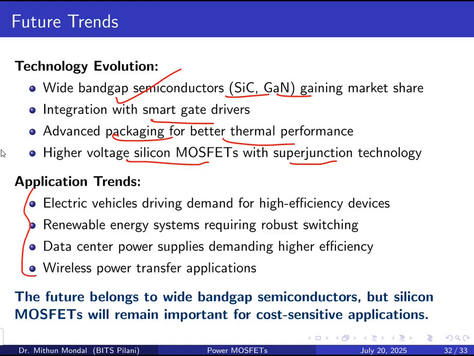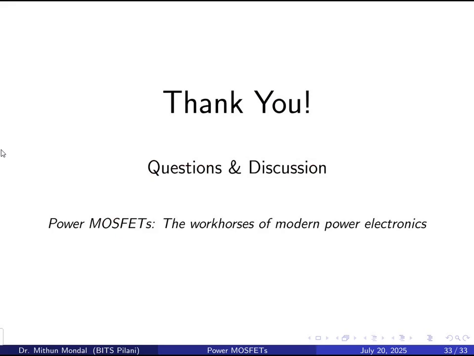Applications can be electric vehicles, renewable energy, data center power supplies, and wireless power transfer applications. So the future belongs now to the wide bandgap semiconductors, but again we say that silicon MOSFETs will remain important for cost sensitive applications. So this completes our discussion on power MOSFETs, which are the workhorses of modern power electronics.